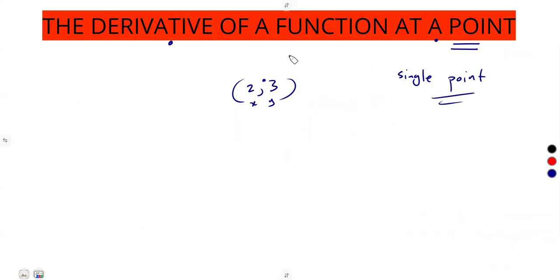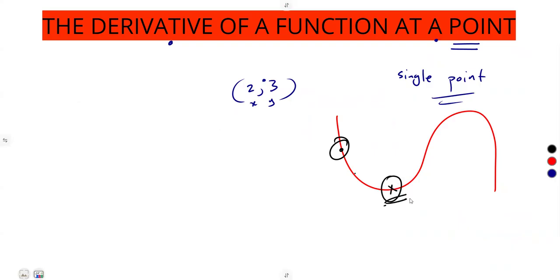When working with a derivative, you work with a single point on the graph. If this is the point, at that point you determine the gradient. That is at a single point separately.